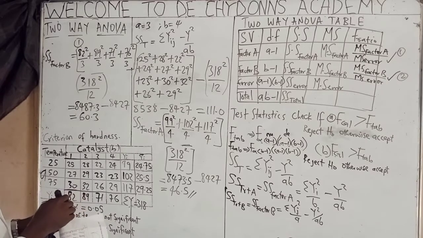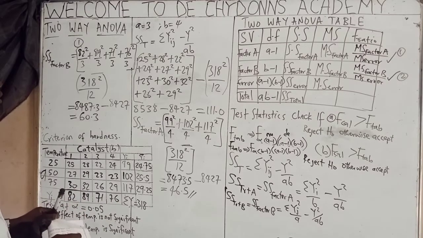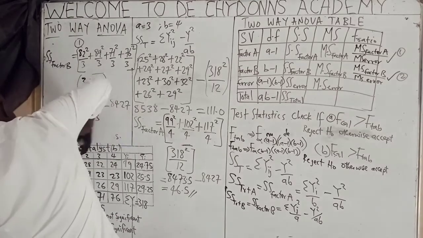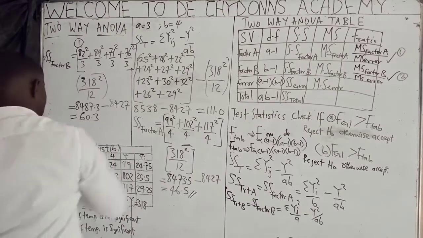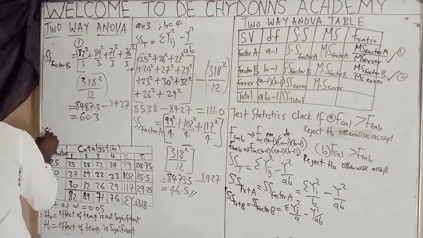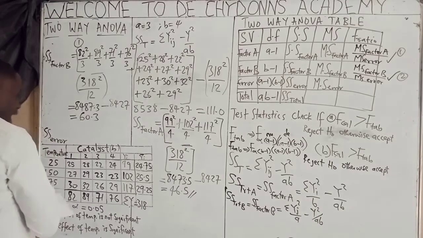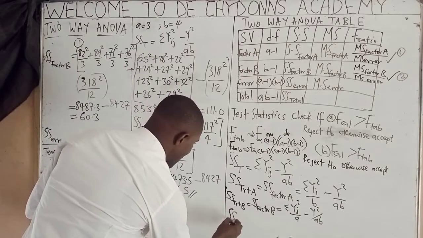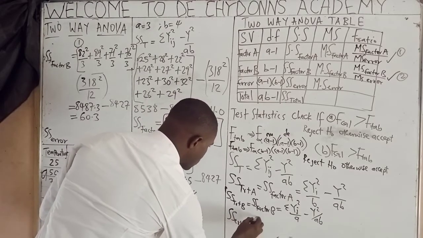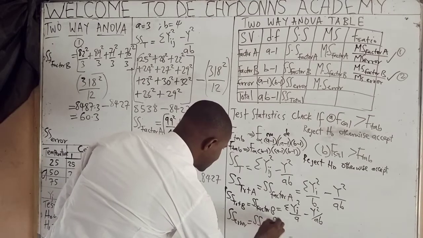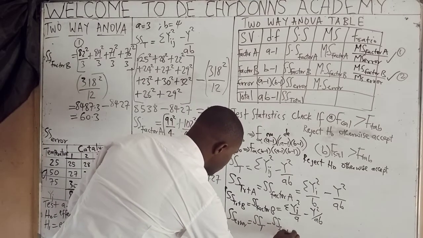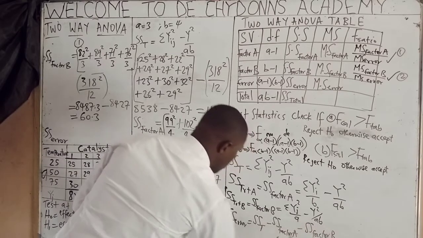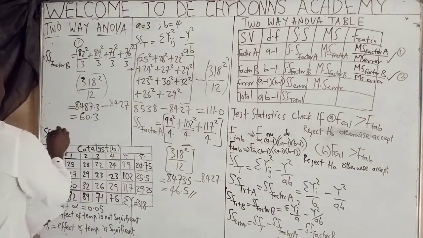Okay, so we've been able to get our SS factor A, SS factor B, and SS total. We now round up and say that SS error is noted to be SS error equal to SS total minus SS factor A minus SS factor B. So what is our SS total?